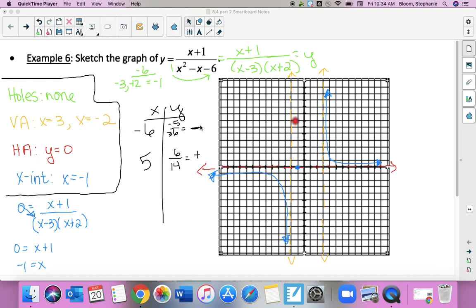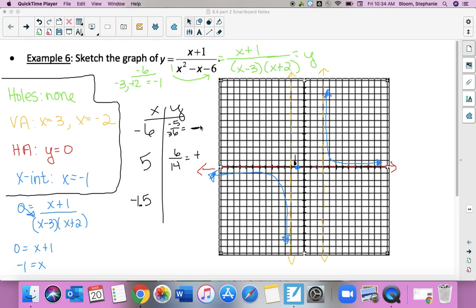So what I'm going to do is I'm going to plug in, so between -1 and -2 is -1.5. So I'm trying to figure out what is it doing in between. So we're going to do -1.5. Okay?